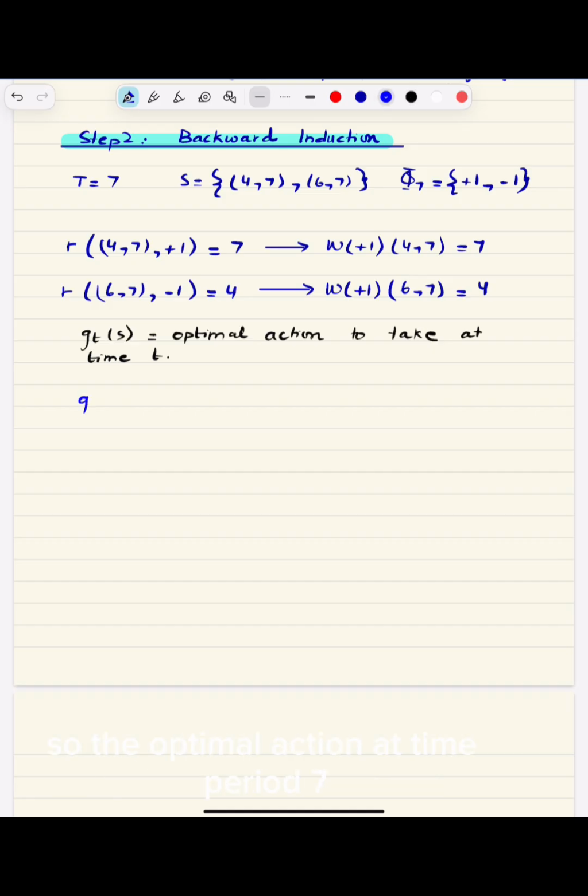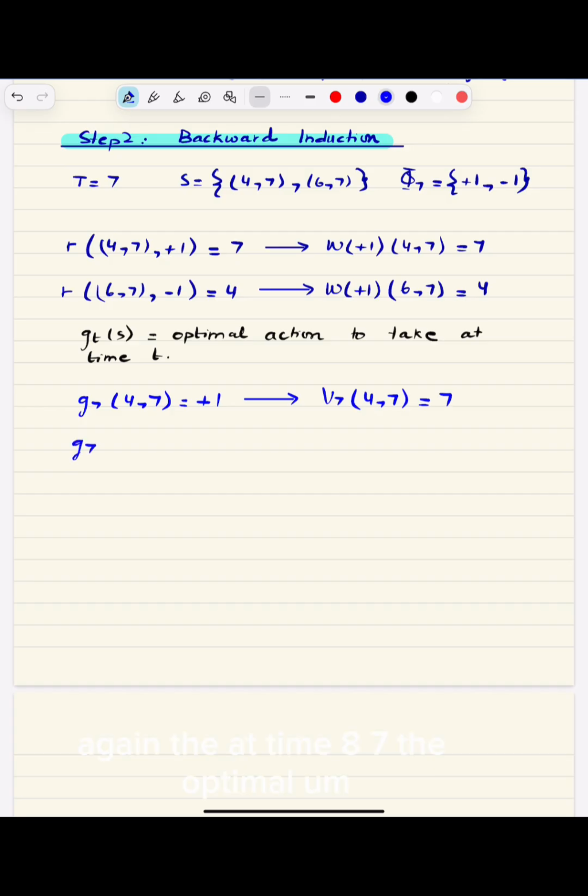The optimal action at time period 7 from the node 4, 7 is a rightward movement, and we get a maximum utility or revenue from this action of 7.